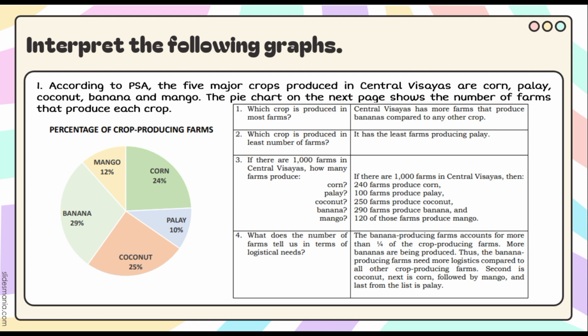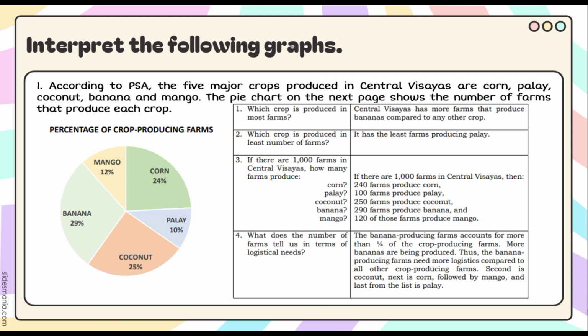Number 2, which crop is produced in the least number of farms? Least, what is the smallest percentage in our pie chart? The least produced is palay, which is 10%.